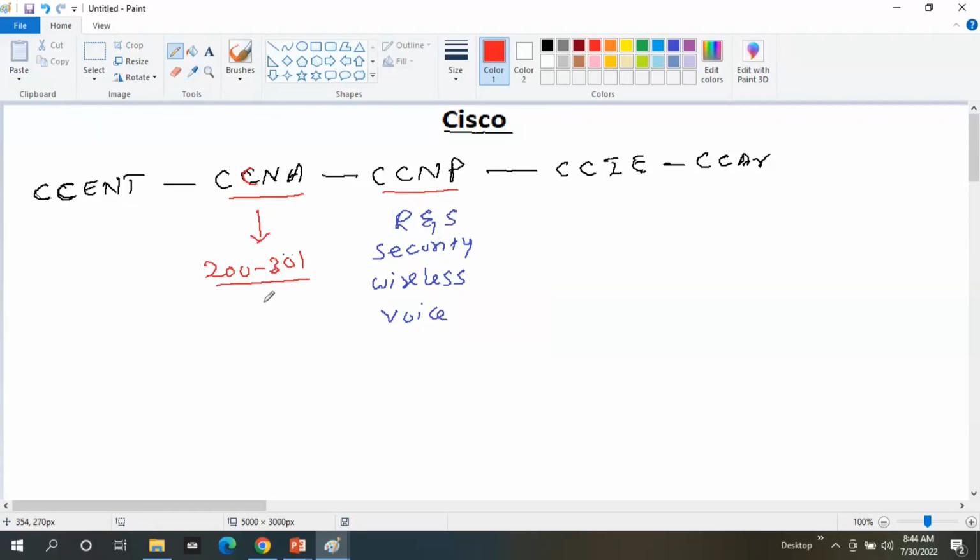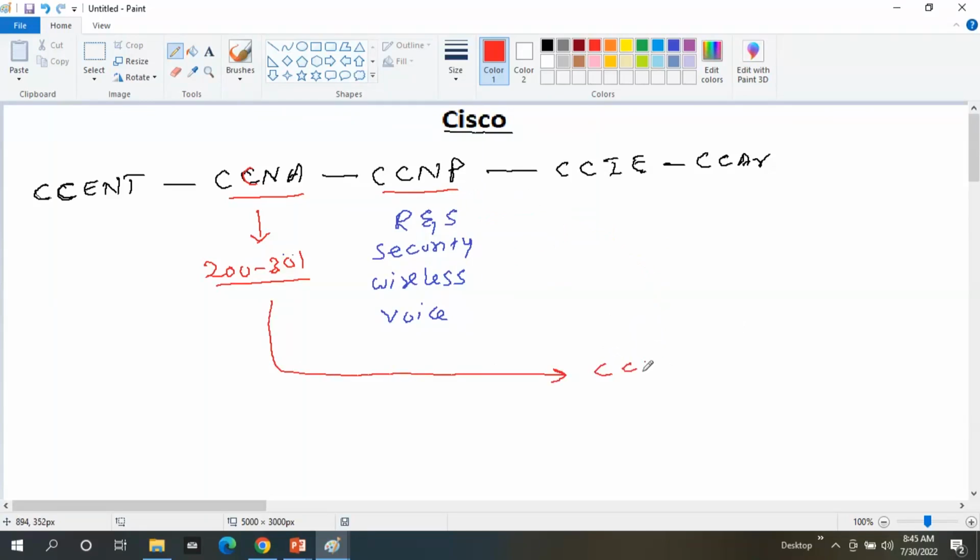So what exactly does this 200-301 cover? Basic routing and switching technologies, basic security, basic wireless, and basic voice are all combined at the fundamental level. Then we redesigned the technologies, because in live networks, what topics are most useful practically? Routing and switching technologies are very helpful for real networks, so we added some more topics in routing and switching.